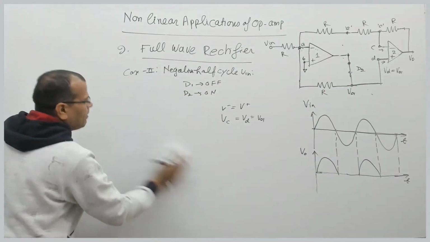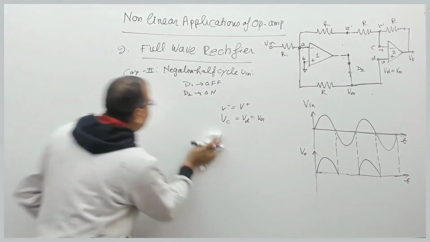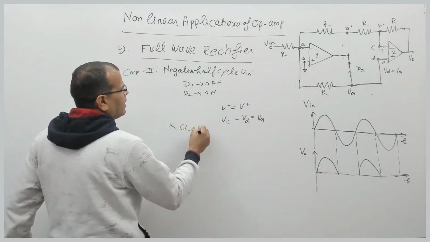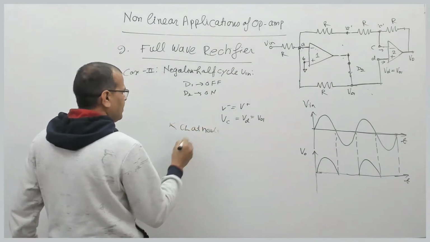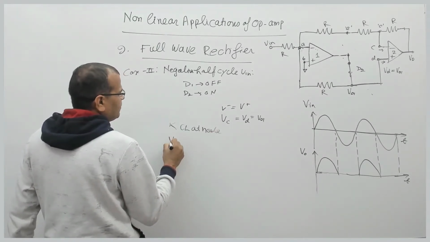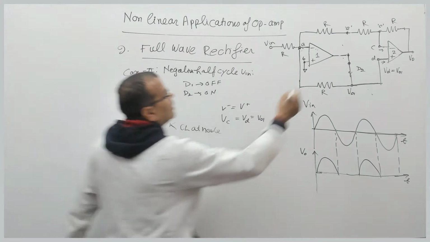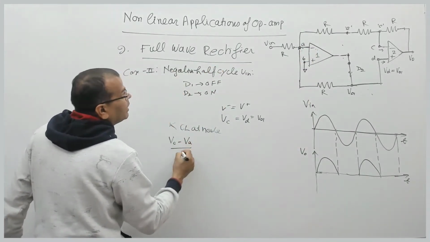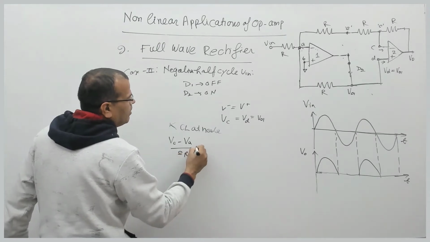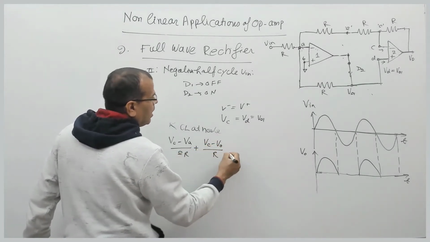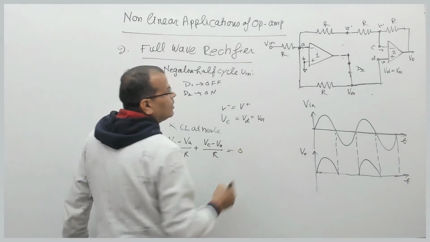That gives VC minus VA divided by 2R plus VC minus V0 divided by R is equal to 0.